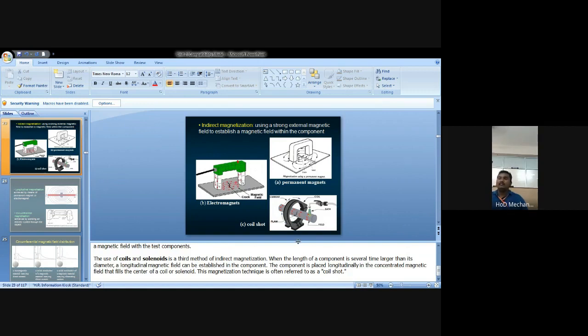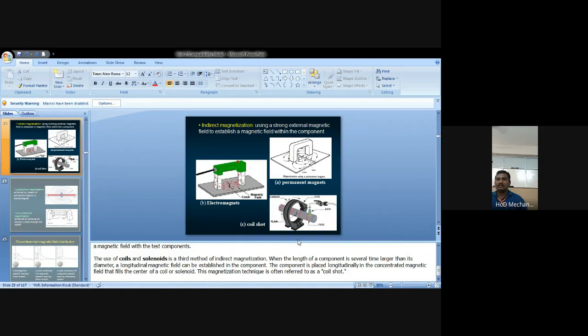When the length of a component is several times larger than its diameter, a longitudinal magnetic field can be established in the component. The component is placed longitudinally in the concentrated magnetic field that fills the center of a coil or solenoid.